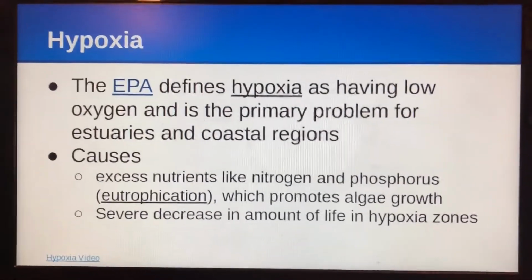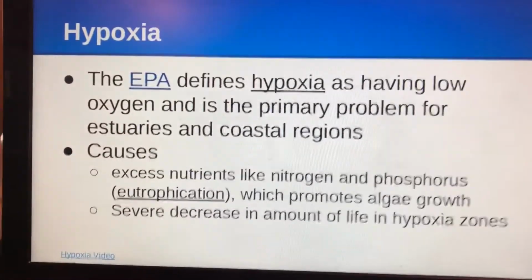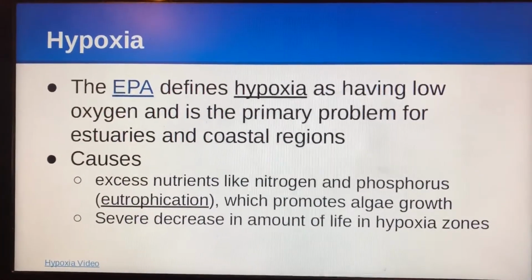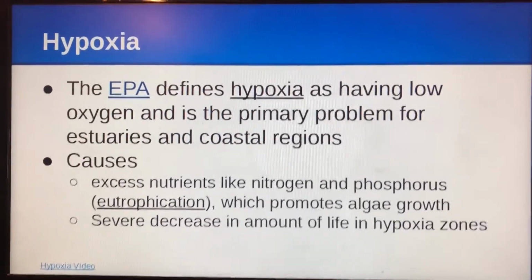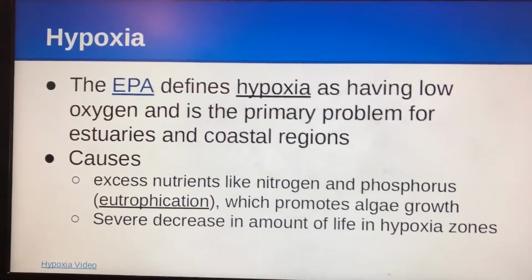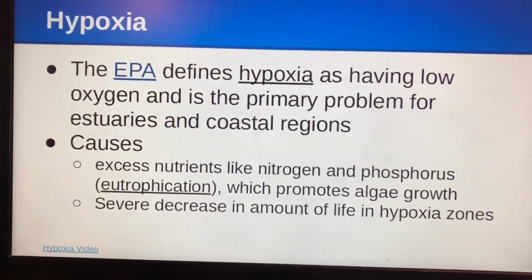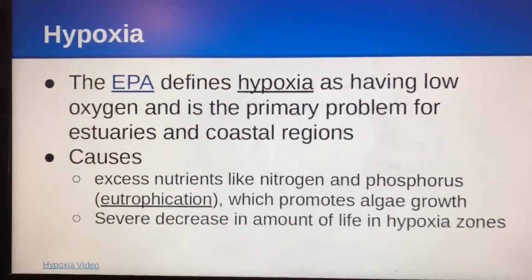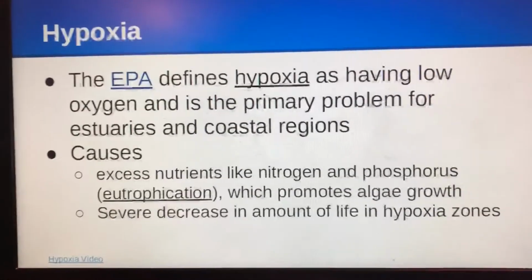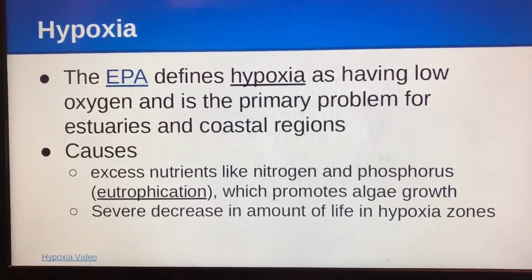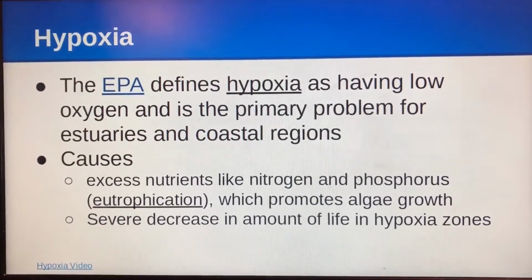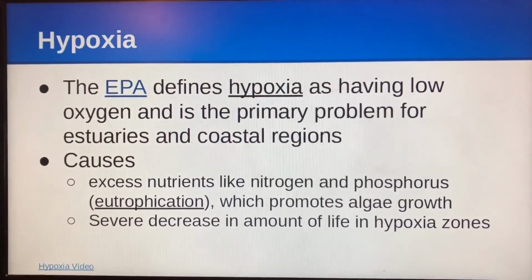All right, hypoxia. The Environmental Protection Agency defines hypoxia as having low oxygen. So there's not enough dissolved oxygen in the water to support life. What ends up happening in these lakes that are going through eutrophication, like Lake Erie, is there's tons of fertilizer in the water. Then all of the algae will start to bloom to eat up all that fertilizer.